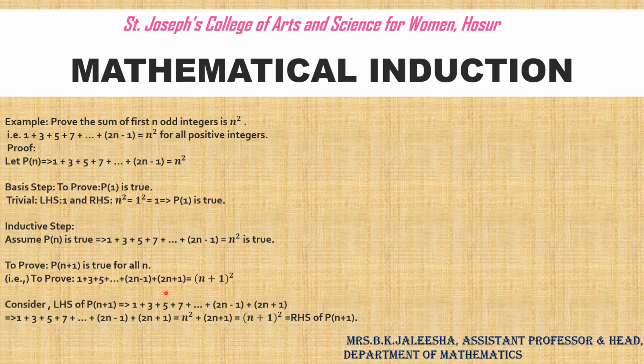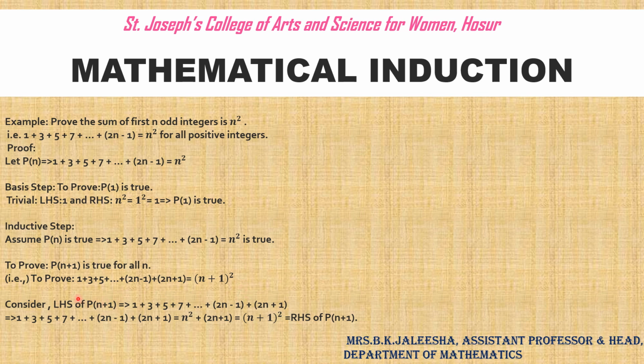For example, for 2n plus 1, if you substitute n equal to 1, you get 3, so it represents an odd number. So we have considered the n plus 1 terms on the left hand side. What about the right hand side? N will be replaced by n plus 1, so RHS will be n plus 1 the whole square. This is what we need to prove.